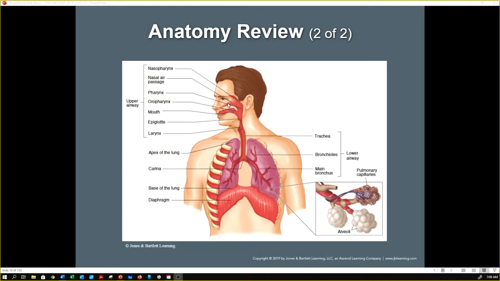But that nasopharynx, its function really, it's a mucosal membrane, meaning it stays wet in there. And it has that cilia, those fine hairs inside your nose, and it's a filter, and it filters out dust, particles, that sort of thing, and it also helps to keep the temperature of the air that we breathe in a little warmer.